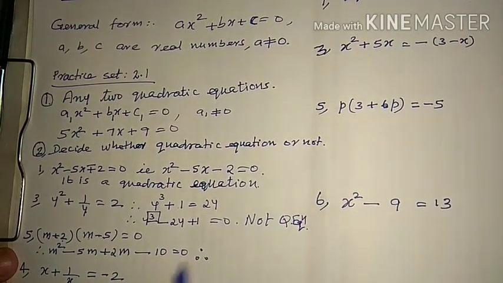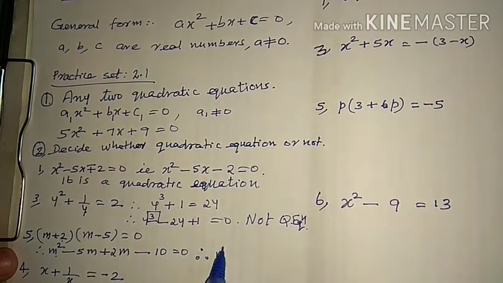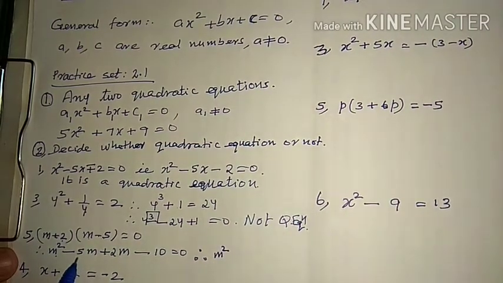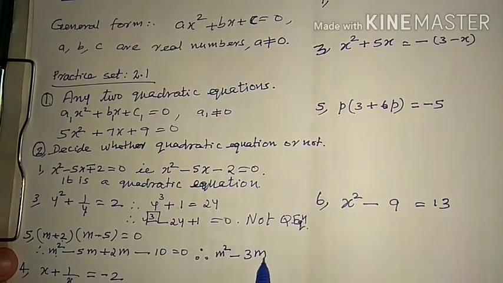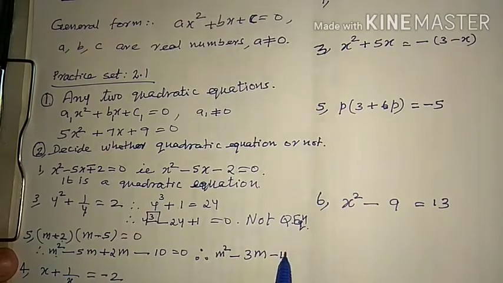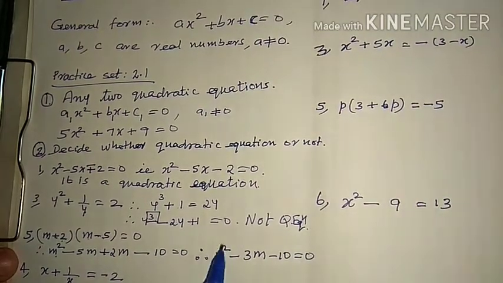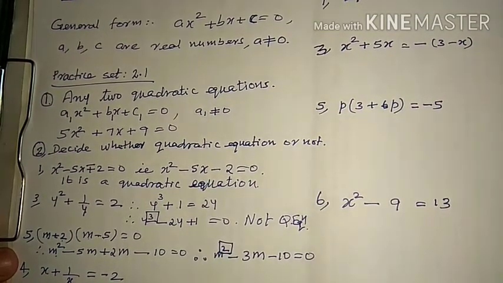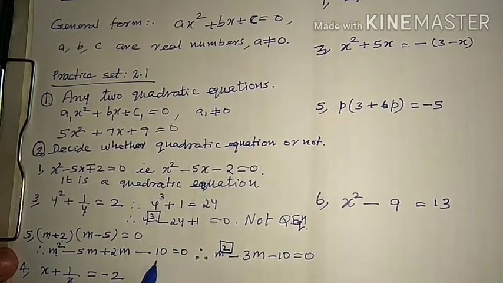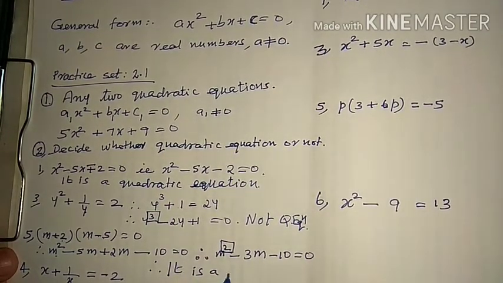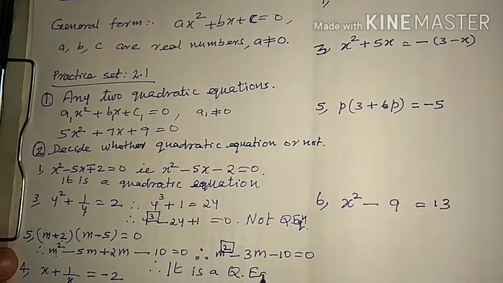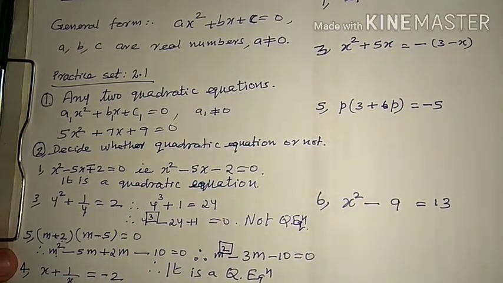That is m square, minus 5 plus 2 becomes minus 3, so minus 3m minus 10 equal to 0. What is the highest power here? 2. So it is a quadratic equation.